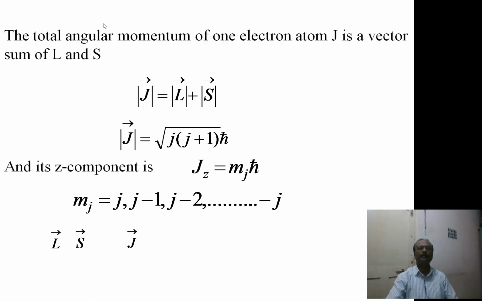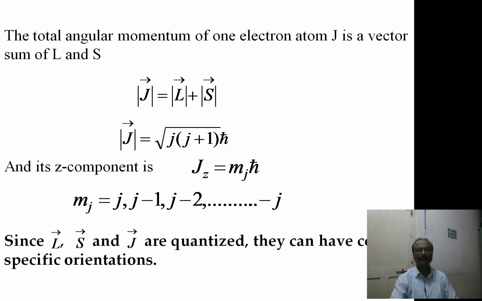The total angular momentum of a one electron atom, vector J, is a vector sum of vector L and S. Vector J has the magnitude root of j into j plus 1 multiplied by h cross, and the z component Jz equals mj multiplied by h cross, where mj can take integral values in terms of the total angular momentum quantum number j, that is j, j minus 1, j minus 2, and so on up to minus j.